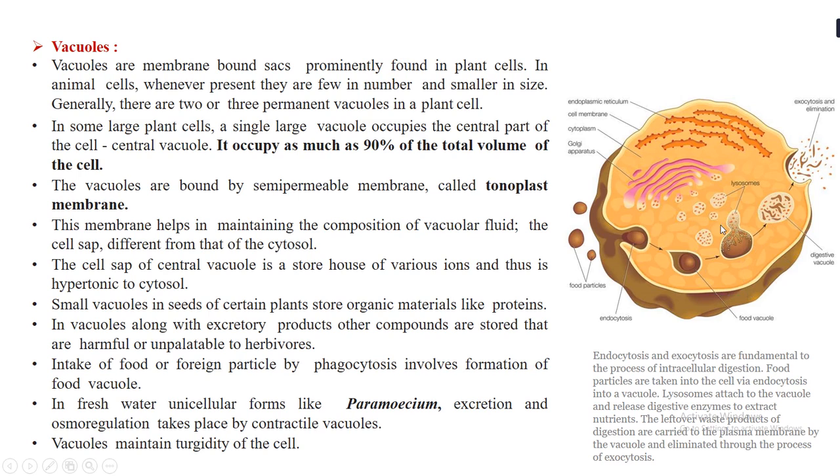If you see over here how they are eliminated, the lysosomes come and get attached to the vacuole, and they release all the digestive enzymes to extract nutrients, and then the waste material is eliminated by the process of exocytosis. So intake of food or foreign particles by phagocytosis involves the formation of food vacuoles. These are known as food vacuoles.